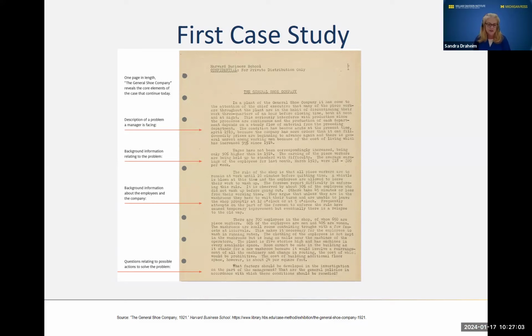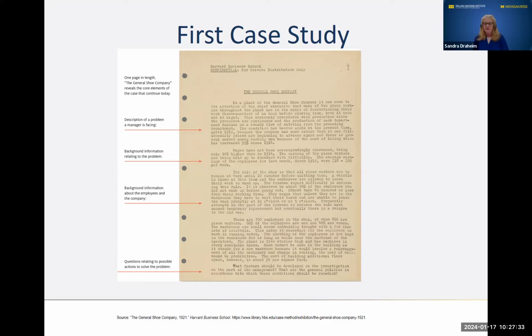The dilemma was that the factory workers were stopping work 45 minutes before their shift was over, which caused cascading slowdowns across the adjacent factory lines. This was happening because workers were required to wash up before leaving the plant, but because they had to wait in line for the washrooms, they could end up not being able to leave promptly at their shift's end. So they started leaving 40 minutes early, causing a problem.